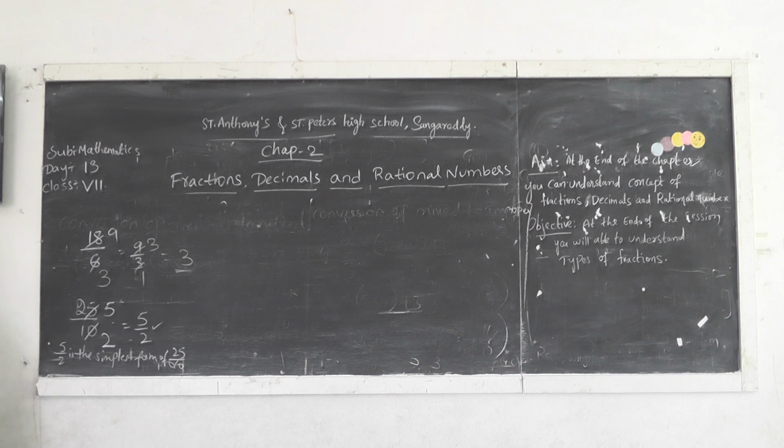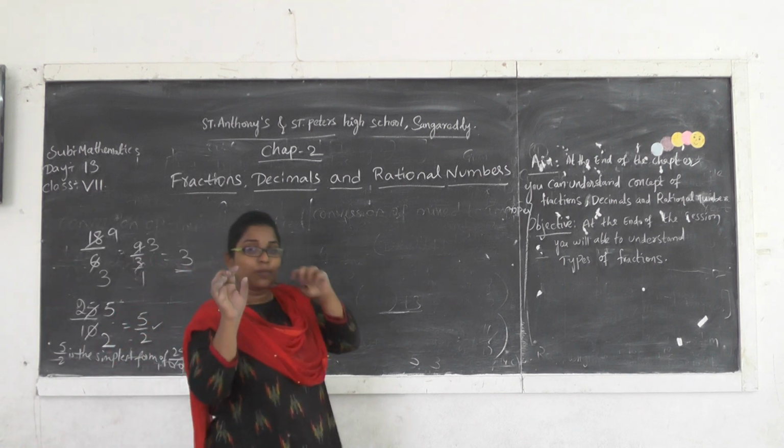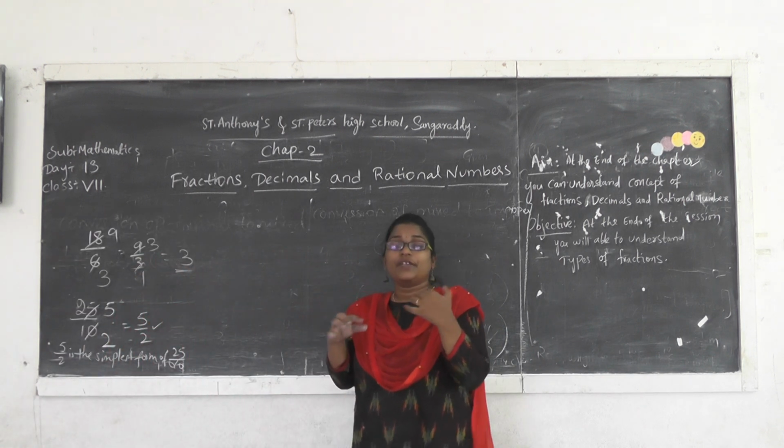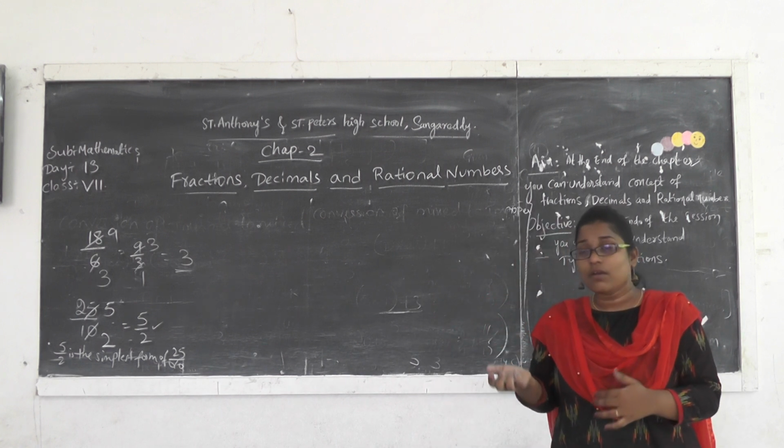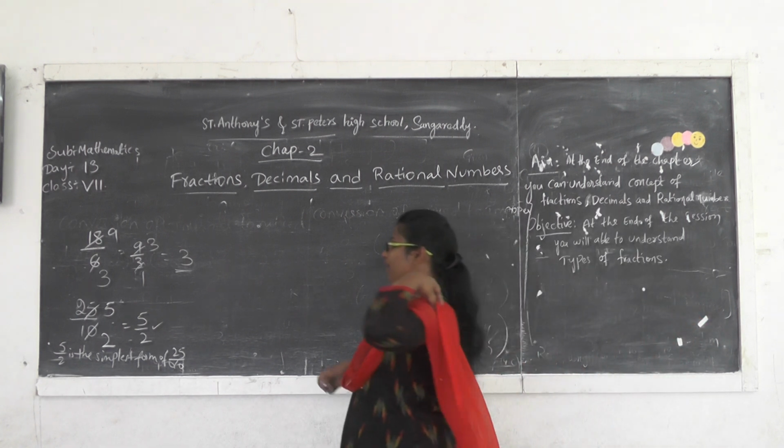I think you understand how to convert a fraction into simplest form. We just have to observe both numerator and denominator. If they have any common factors other than 1, then we cancel them from both numerator and denominator.